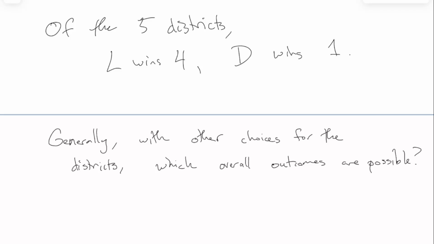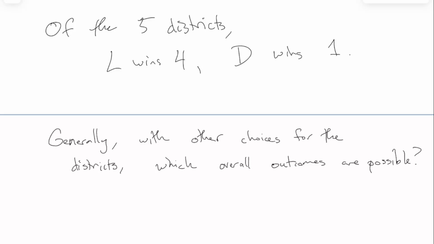Like the outcome that I just drew has that outcome that you see right now. The lights won 4 districts and the darks won only 1 district. Is it possible to draw the lines differently so that the L win 3 and the D's win 2?